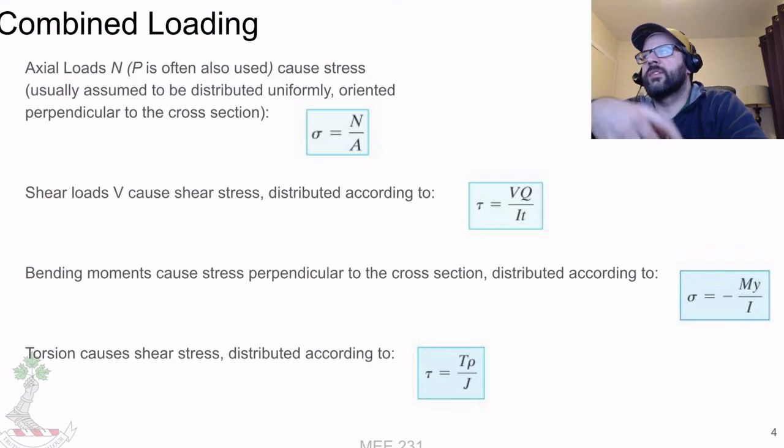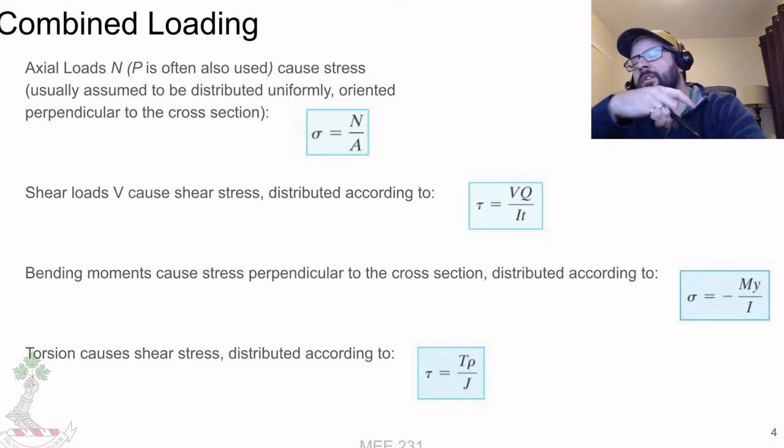Got our shear loads, those cause shear stress, and that's distributed according to our VQ over IT. So as our position varies throughout the cross-section, our Q is going to vary. And our T might vary too, depending upon if the cross-section has a constant thickness or not.